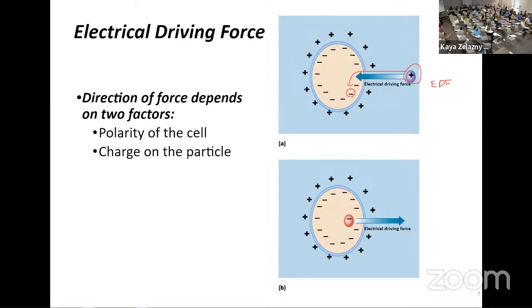Now in the bottom diagram, we're staying with a negative cell. So we keep our polarity here negative inside. We're looking at a negative ion, so an anion. Okay. What we're looking at here is that negative inside the cell with that negative charge on our anion means that we're going to push that negative out of the cell because our like charge is repelled.